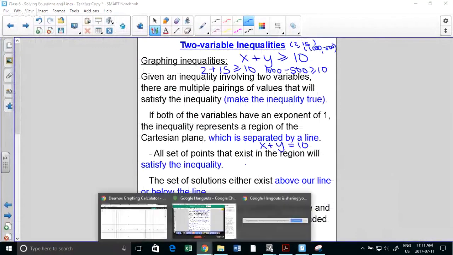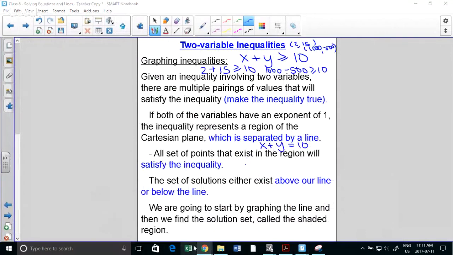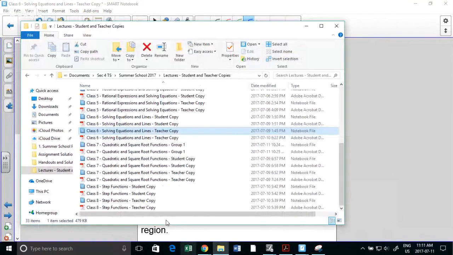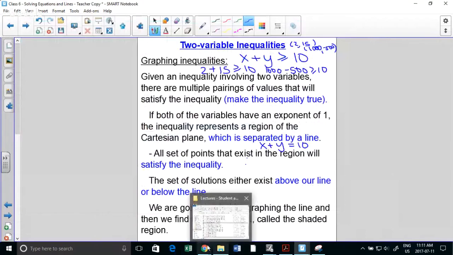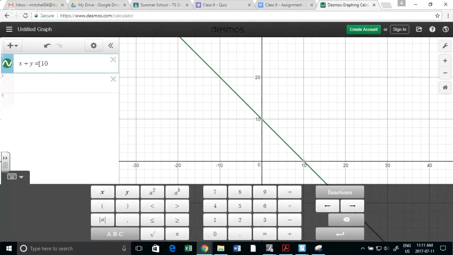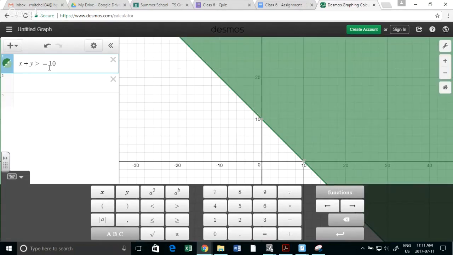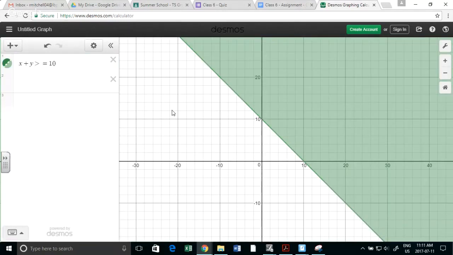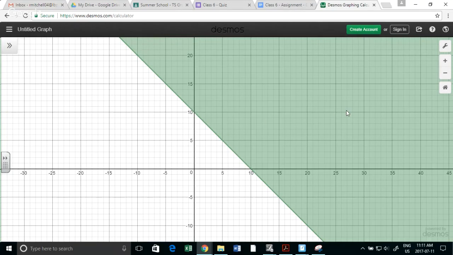So if we graph the inequality, if I put this in as an inequality, all of a sudden there's half of the picture that's shaded.